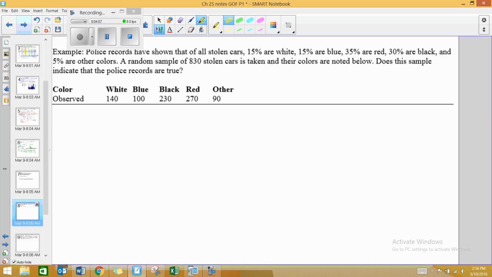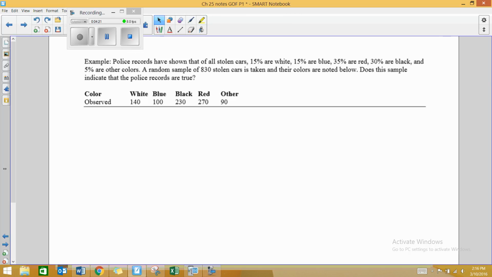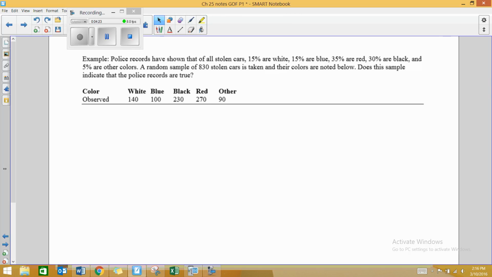Police records have shown that of all stolen cars, 15% are white, 15% are blue, 35% are red, 30% are black, and 5% are other colors. So for this example, the researchers took a random sample of 830 stolen cars, and their observed colors were listed below.